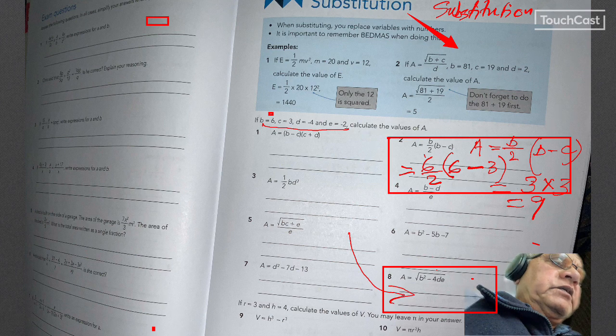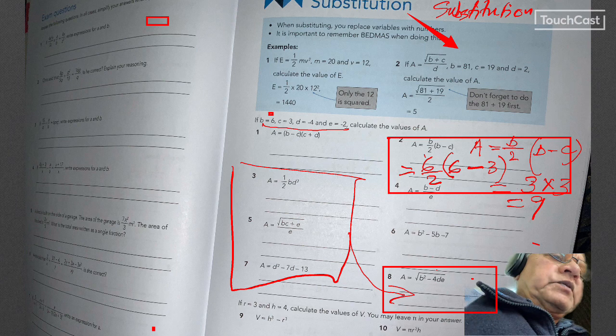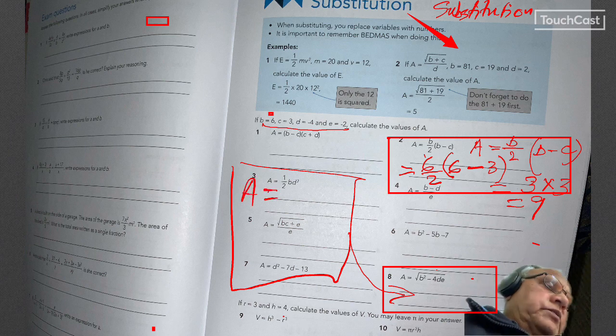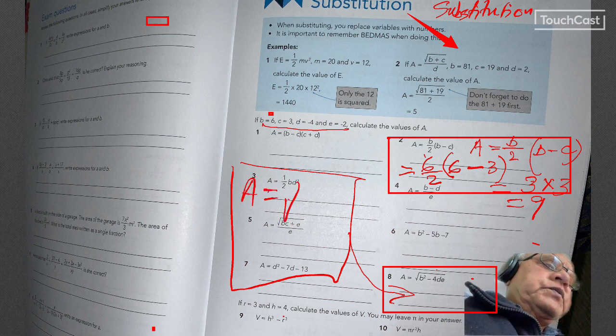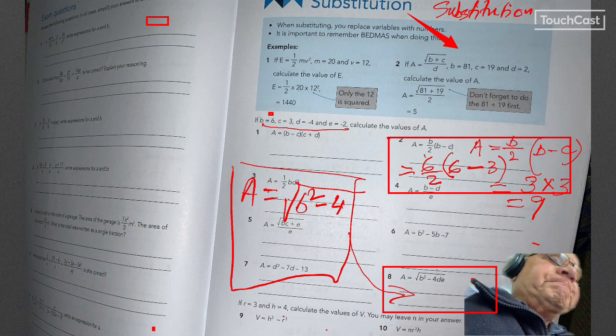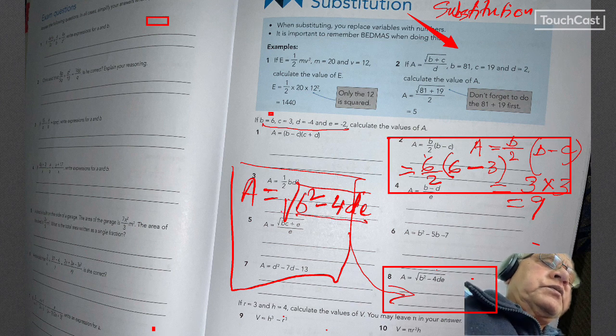Now, this one, I'm going to use the space over here. So please ignore 3, 5, and 7. So the question is, A equals square root of B squared minus 4D. And you got to be careful once again that this whole group is covered with a square root.